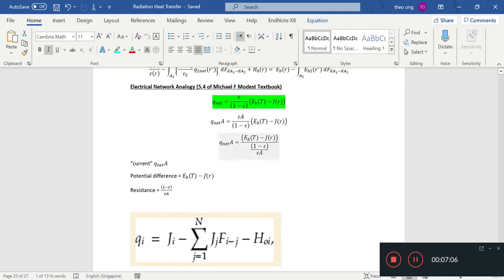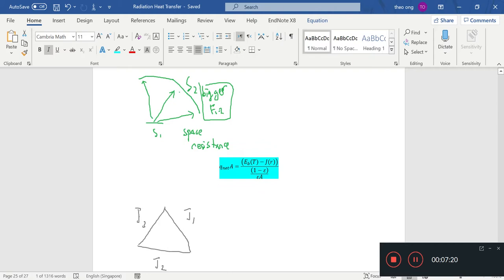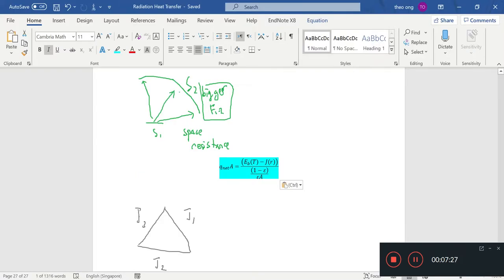It settled us on this equation here that relates the black body emission, radiosity, and of course the net heat flux coming out of this surface. That's all the math that factors in this reflection.